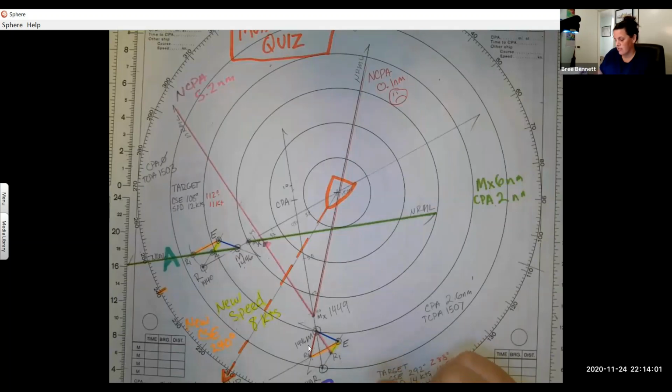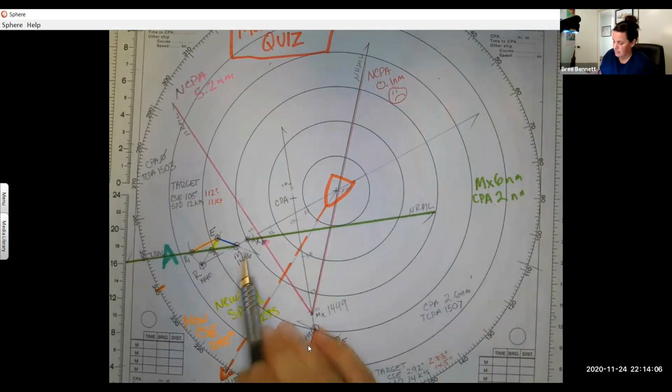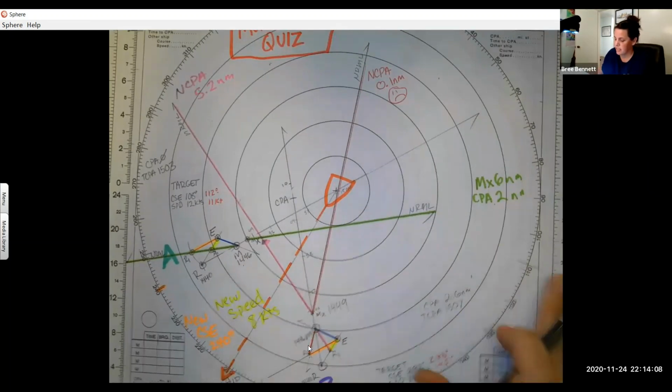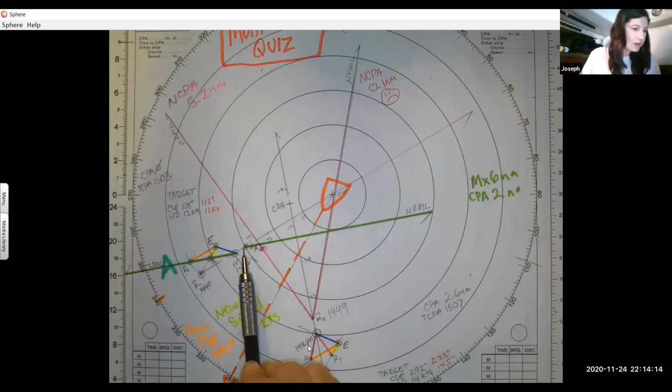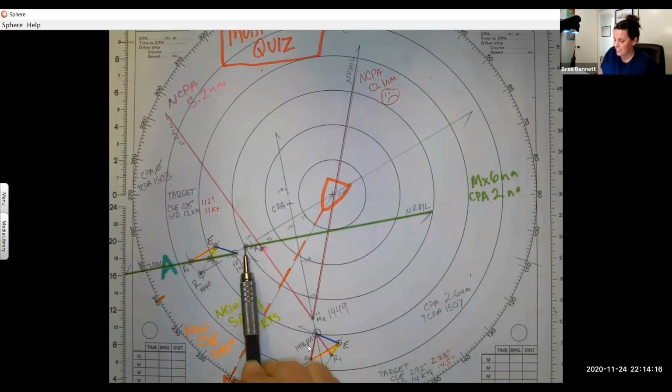Yes, I see why that does, but it's a little bit different than ones we've done in the past. Just try to keep it simple. We have our MX and our new relative motion line, and then you just bring it back to M. It doesn't really matter that they're close.